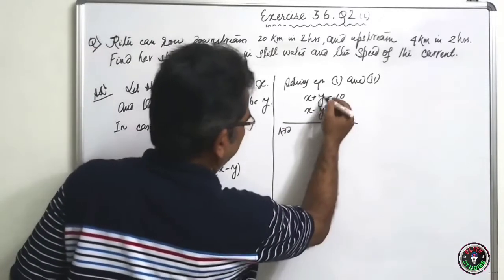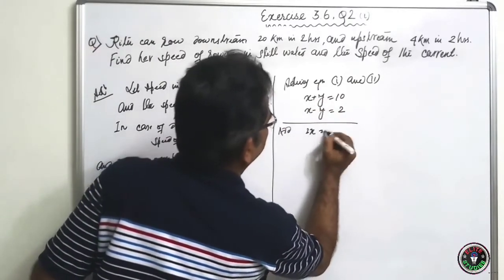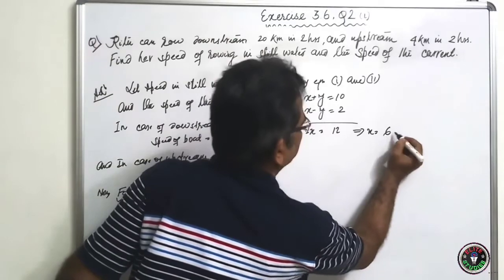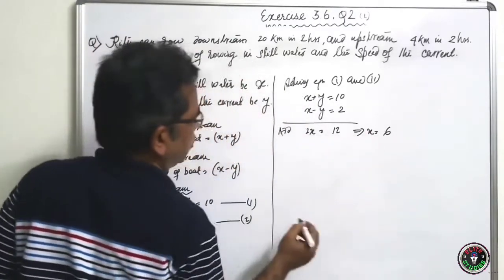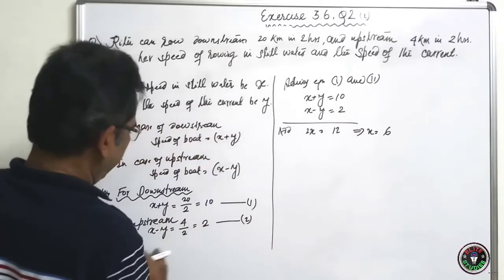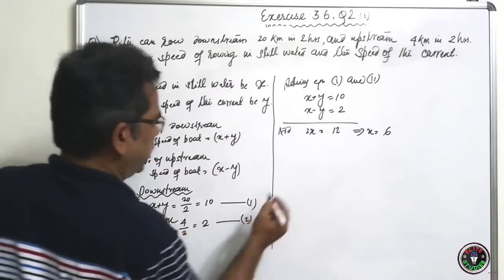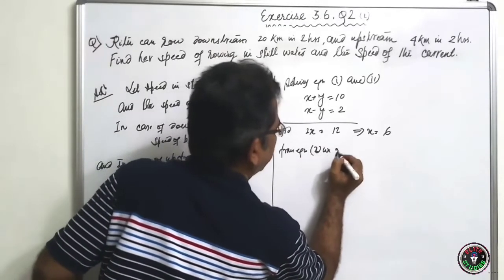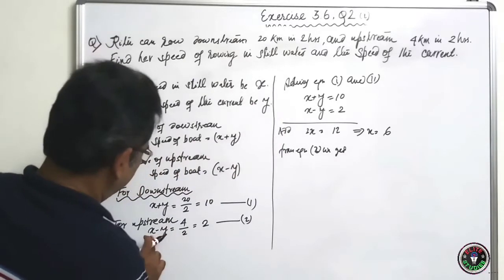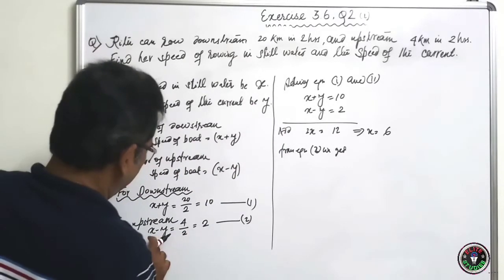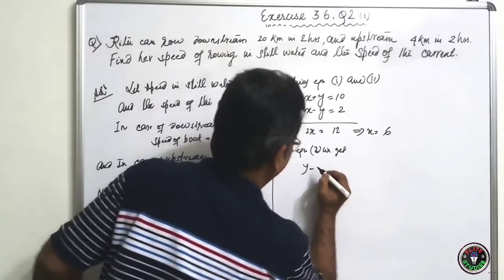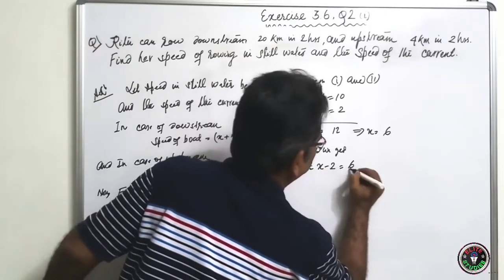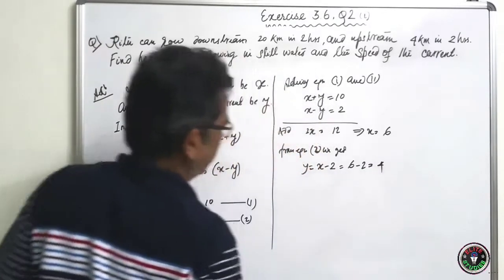So if you simply add it, the y terms will cancel out, and x plus x will be 2x, which is equal to 12. So x will be equal to 12 by 2, which is 6. And if x is equal to 6, from equation 2, we get x minus y is equal to 2, so y will be equal to x minus 2, which is 6 minus 2, equal to 4.